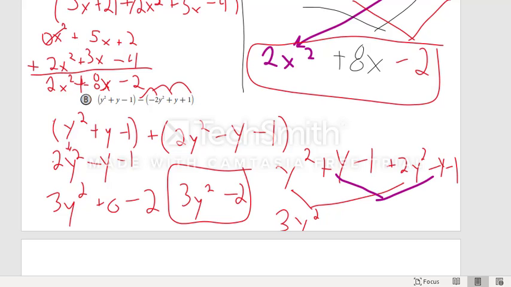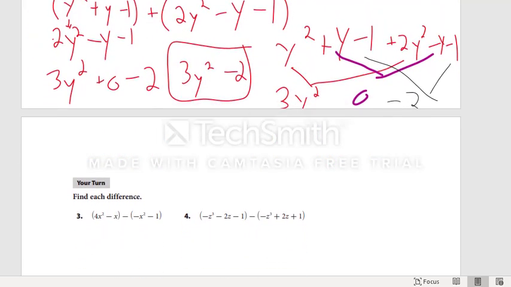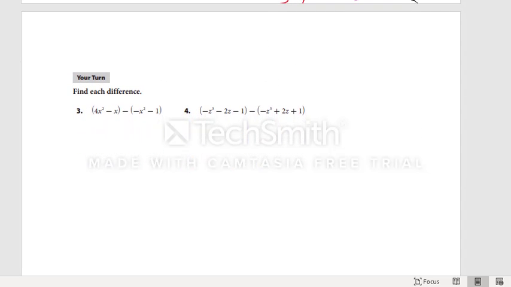Y minus y is 0. And negative 1 minus 1 is negative 2. So we get the same thing, 3y squared minus 2. The exponents on my variables did not change. All right, we got 2 examples for your turns. So go ahead, pause the video, try them, and then you can check your answers in a little bit.